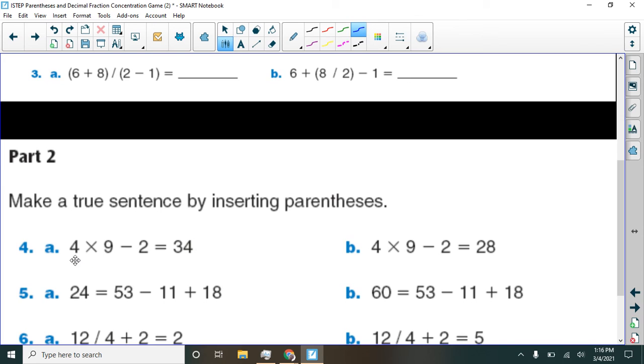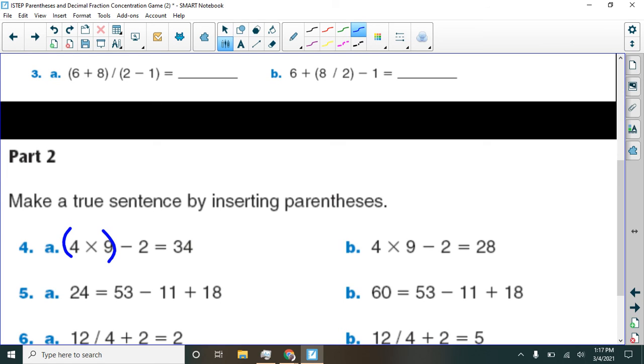We're going to guess, right? 4 times 9 minus 2 equals 34. We need to make that true. So do you take a guess? Do you want to put the parentheses around 4 times 9? Or do you want to put them around 9 minus 2? You can put them anywhere and then check to see if it works. So I'm going to need to put them here.